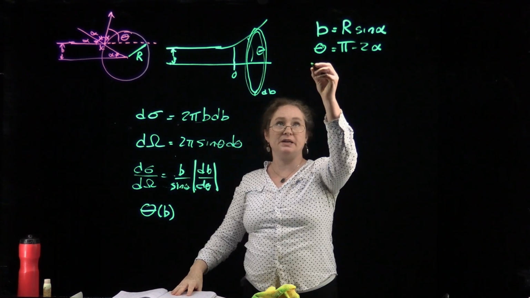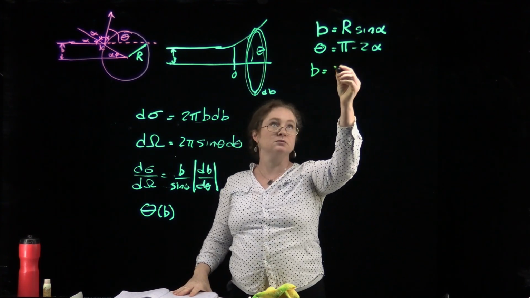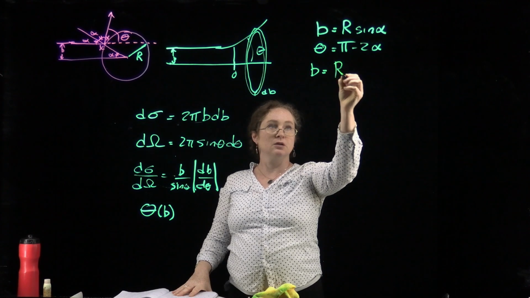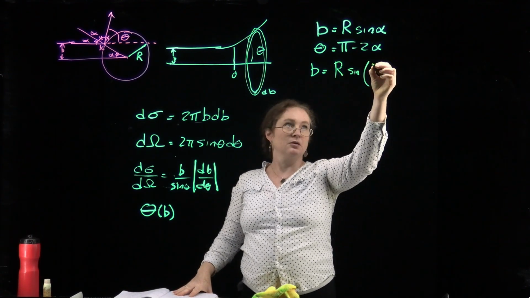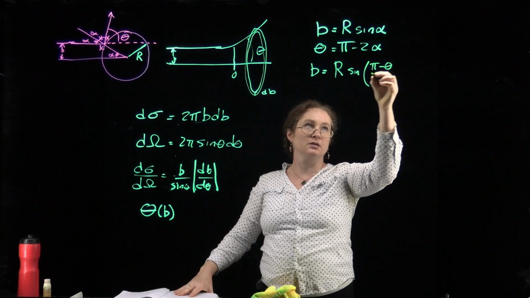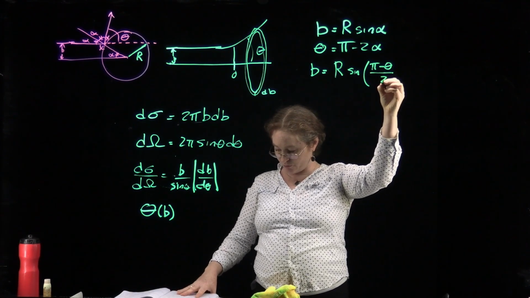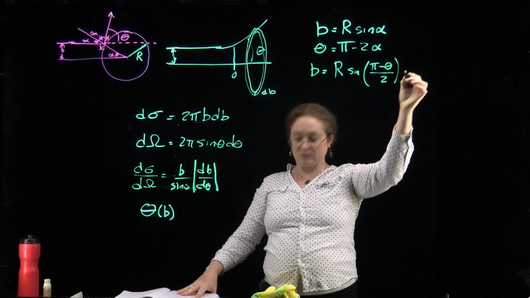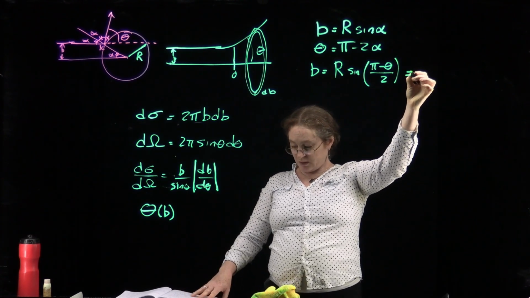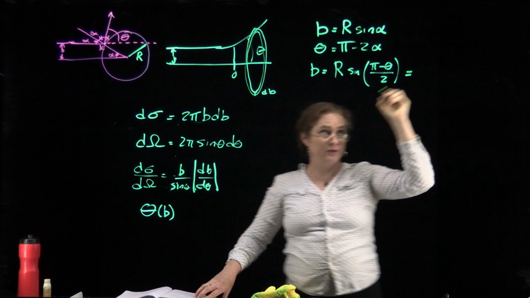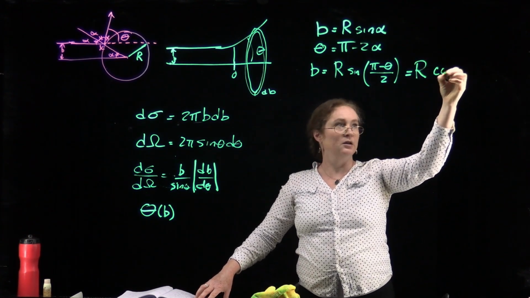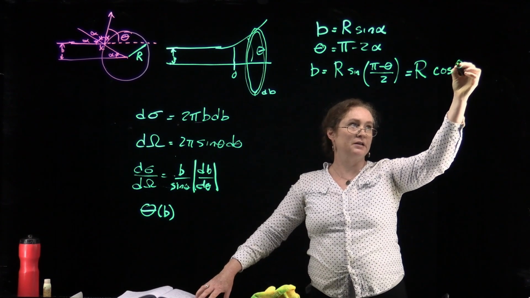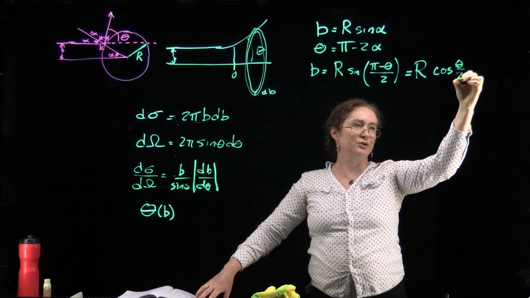All right, so my impact parameter is r sine of pi minus theta over 2. Trig identities give me r cosine theta over 2.